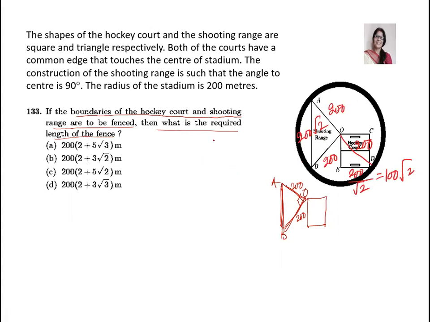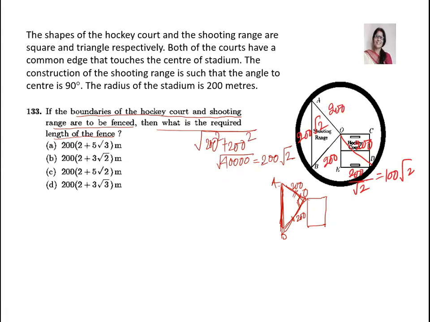I will apply the Pythagoras theorem. So it will be 200 square plus 200 square under root, because this is the hypotenuse. It will be the square root of 40,000, which is 200 root 2. Or if you can remember, the hypotenuse will be side into root 2 when these two are equal.